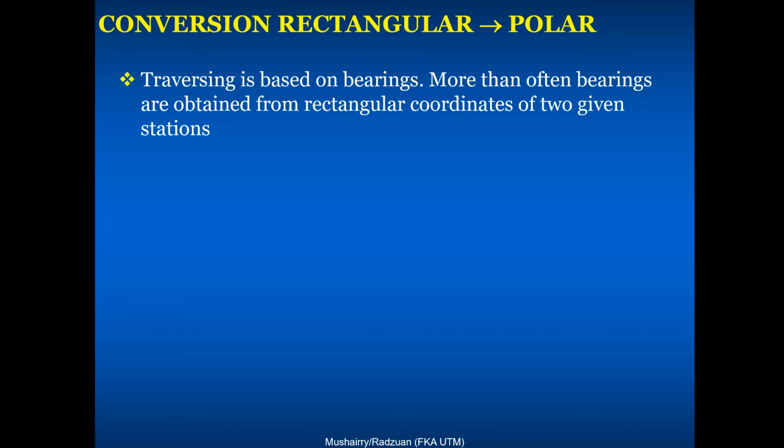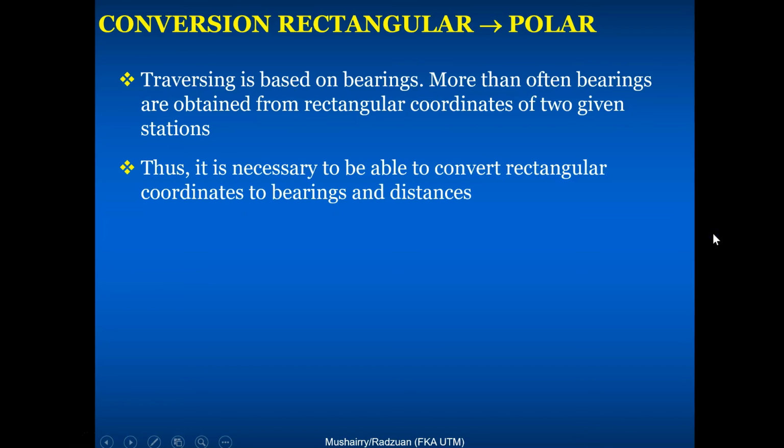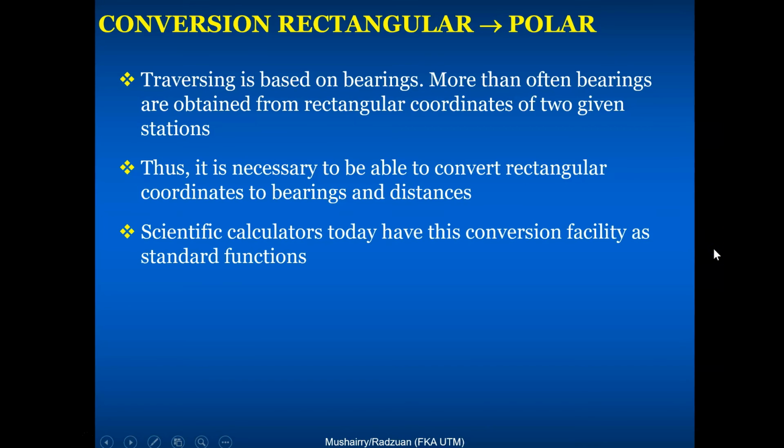So we will produce a map, a plan. The plan normally is in rectangular Cartesian coordinates. So when you do your traverse work, you will be dealing with converting rectangular to polar and the other way around. When you're given a bearing, you have to convert it to rectangular, and luckily scientific calculators these days have this conversion facility as a standard function.